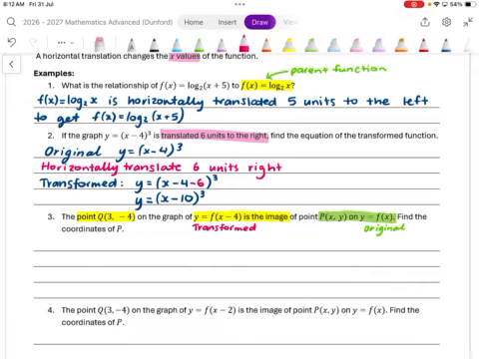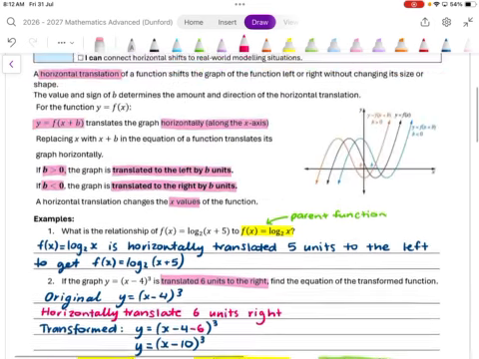Okay, so we're going from our transformed back to our original. So what we have is that our y equals f of x minus 4 is horizontally translated 4 units to the right from our original graph.